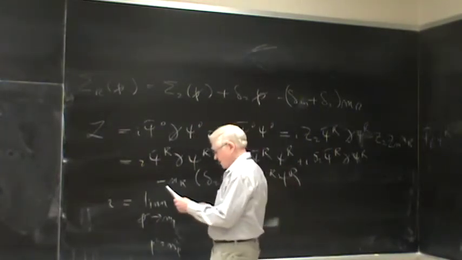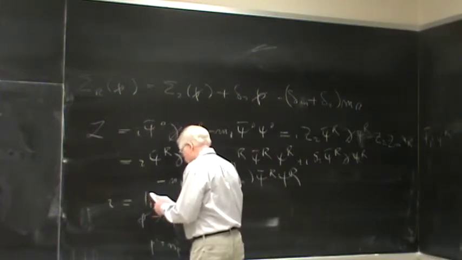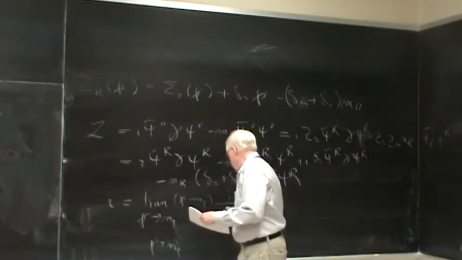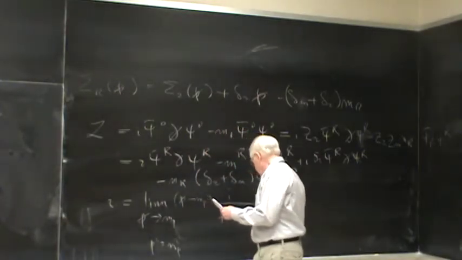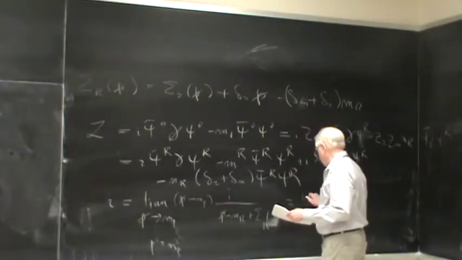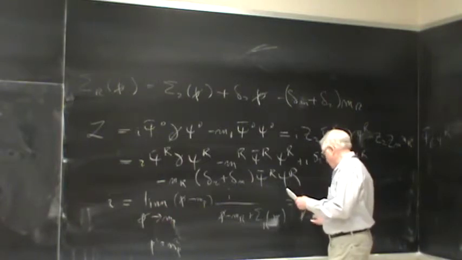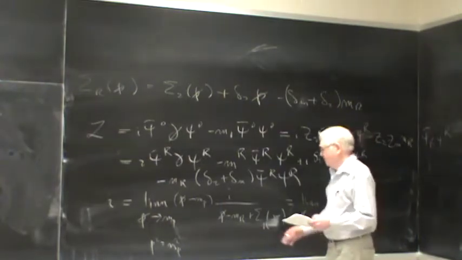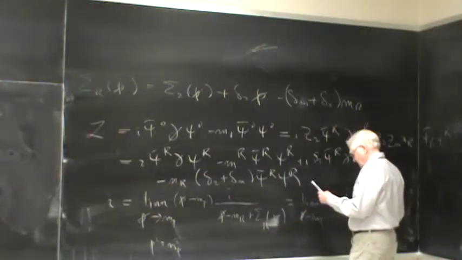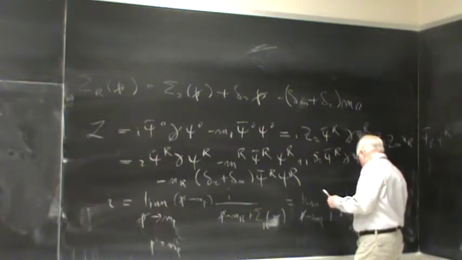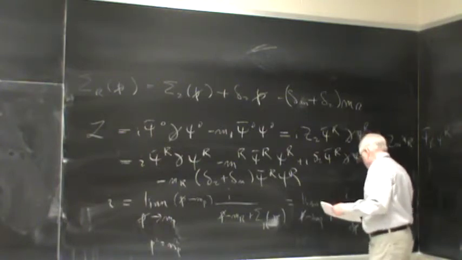And what is this? It's the limit of P slash minus M_P times i over P slash minus M_R plus sigma R of P slash, which is also the limit as P slash goes to M_P of i over, and so we divide top and bottom by that, and we want to get 1 plus d/dP slash of sigma R of P slash.